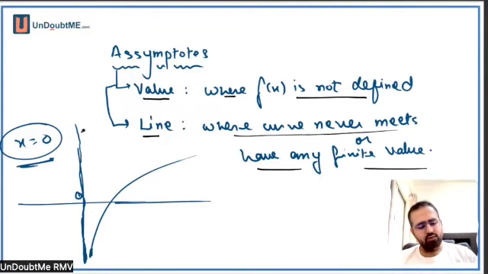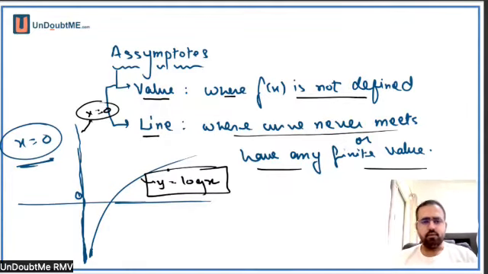Like this was the x equals 0 line, and you can see that this curve, the function, never meets this line. So there will be no value for this function at x equals 0. This was the graph of log x. You need not remember this as of now, but if you want, you can. This is (1, 0). Log of 1 is always 0. This is also a very factual point.